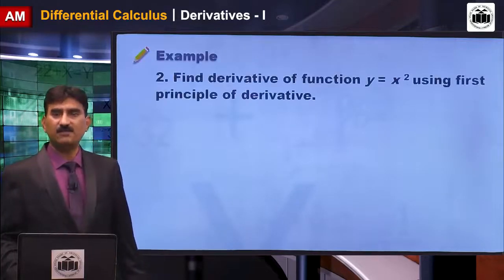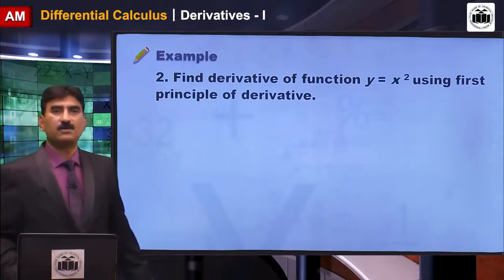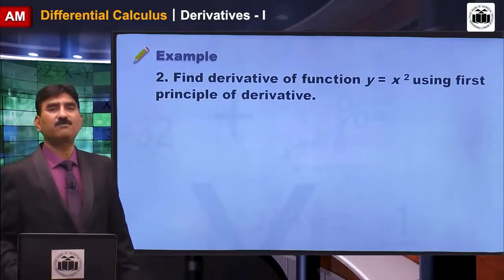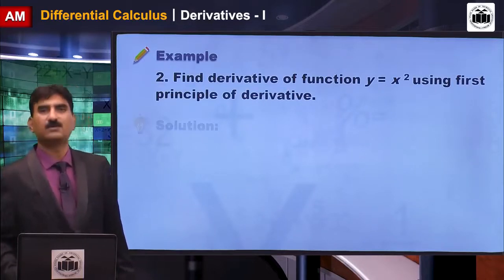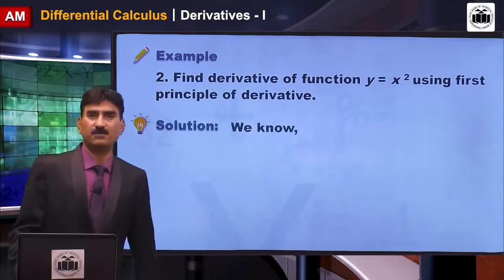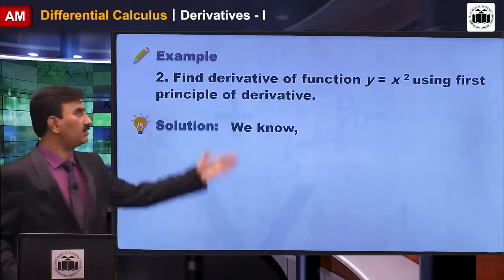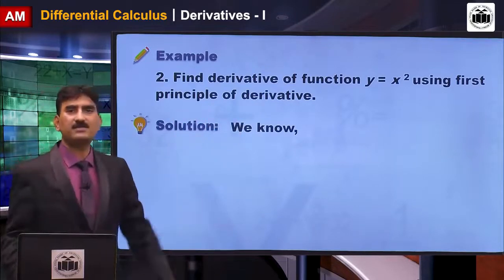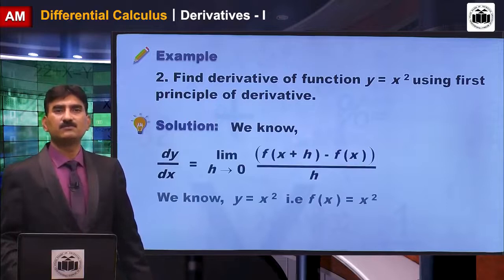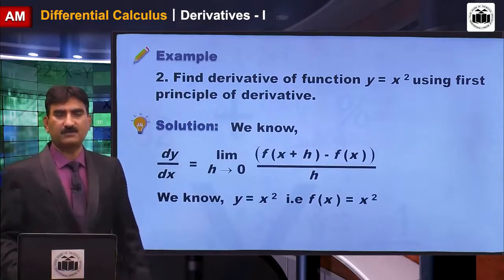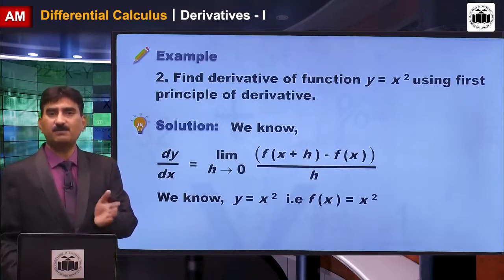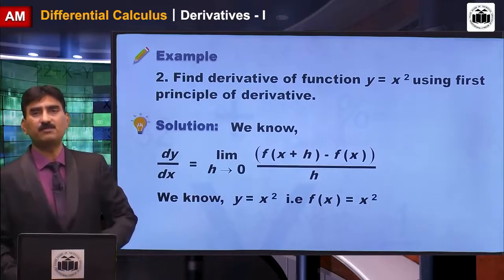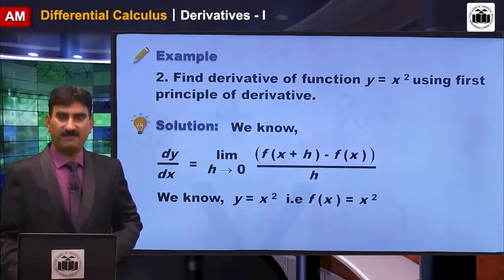Now take another example on derivatives. Find the derivative of the function y equal to x square using the first principle of derivative. So just like the previous example, first we have to see what is our f of x. Our f of x is x square, correct. So now we take f of x plus h by taking a small increment h in x.